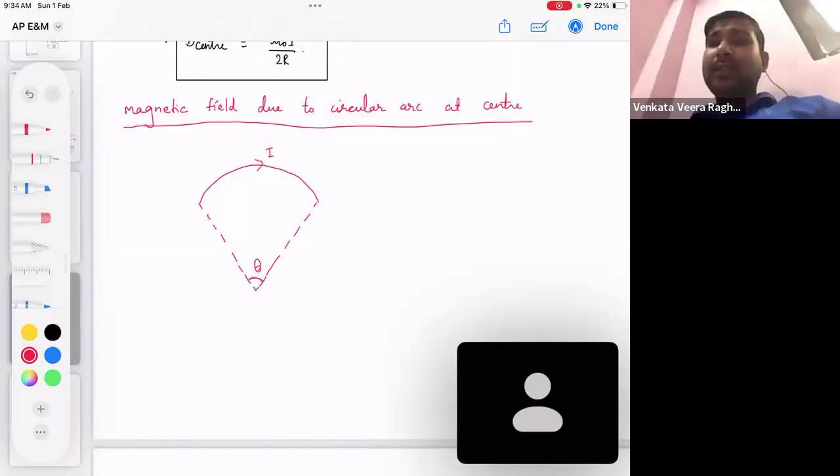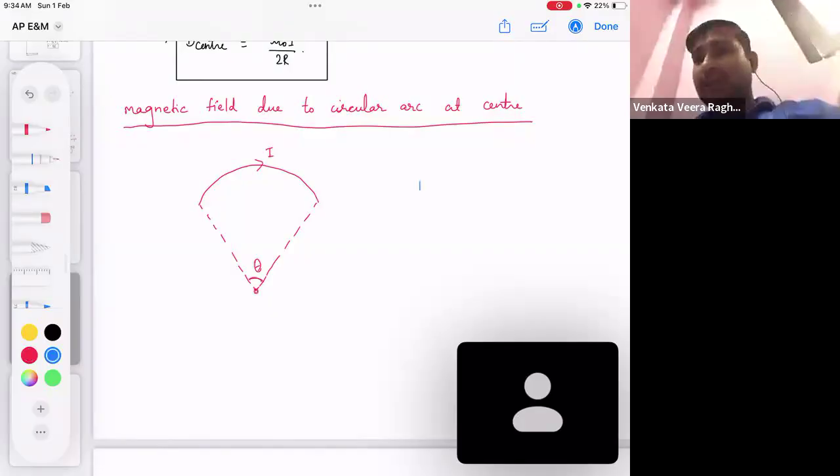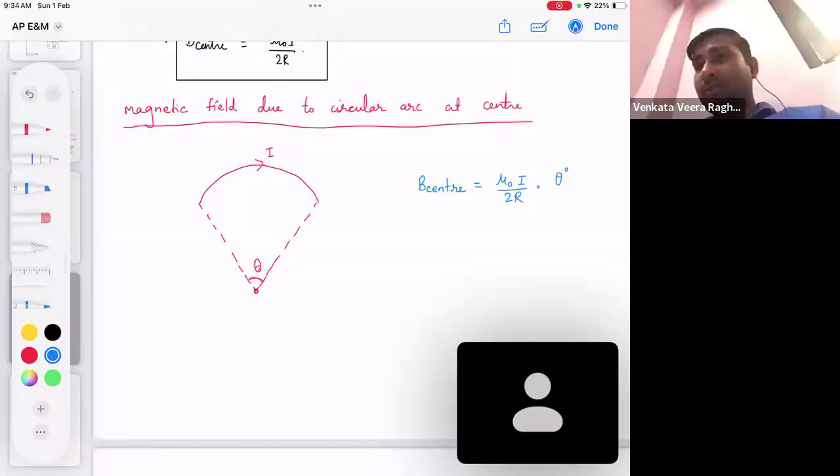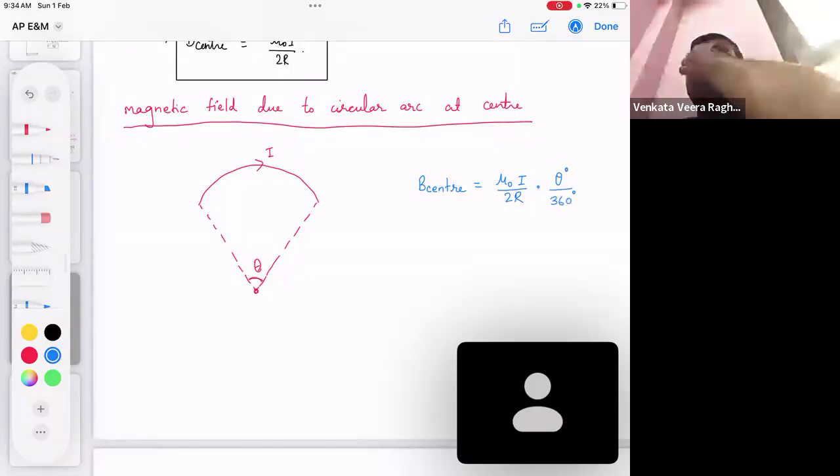So what is the magnetic field at the center? Again it will come mu naught I by 2r. It is because of the complete loop, isn't it? And the complete loop has how much angle? 360 degrees, isn't it? So if you apply the unitary method, you can write it as theta degree by 360 degree. Understood? That means what?